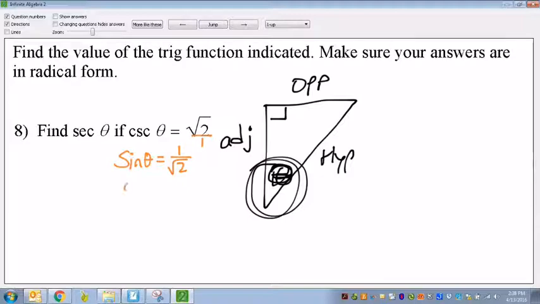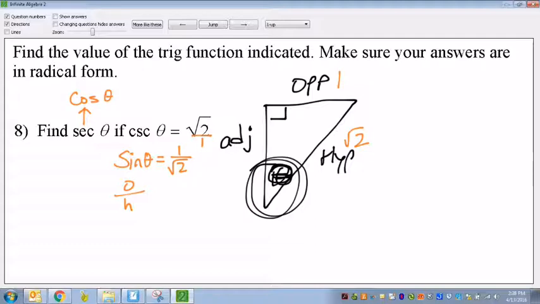We know that sine is opposite over hypotenuse. So that's going to be 1, and the hypotenuse is radical 2. Okay. Now we've got to find the other side, right? Because we actually need secant, whose reciprocal is cosine. So we have to have the adjacent. But everyone, stop what you're doing. Take a look.